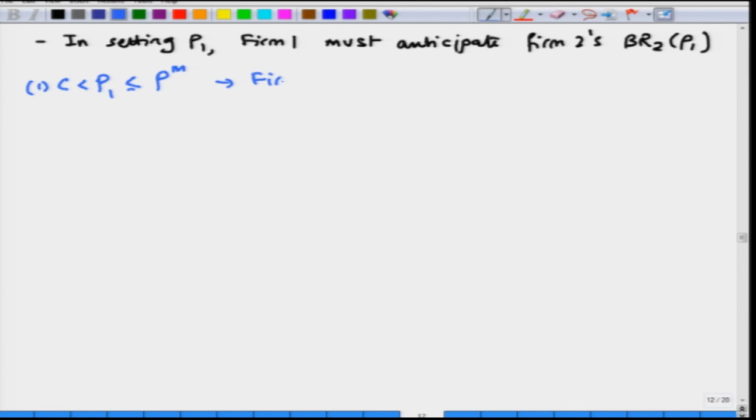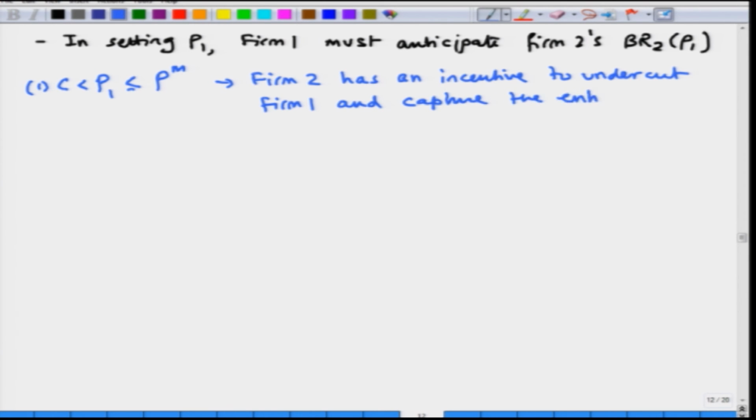Firm 2 has an incentive to undercut firm 1 and capture the entire market demand, right.